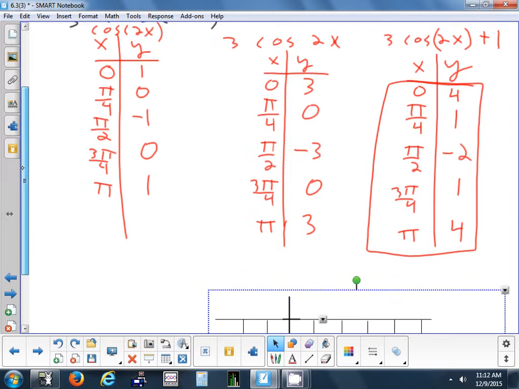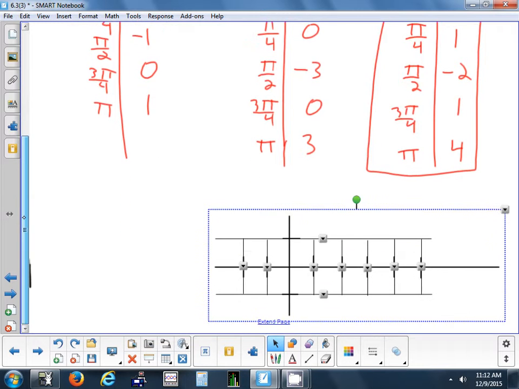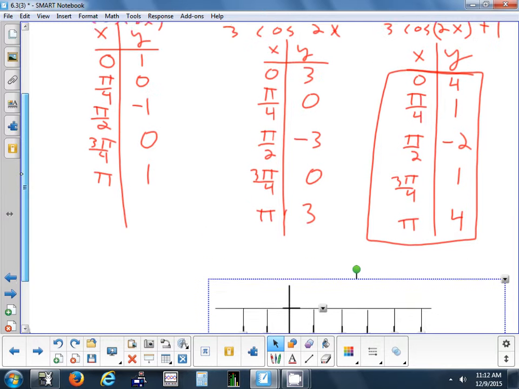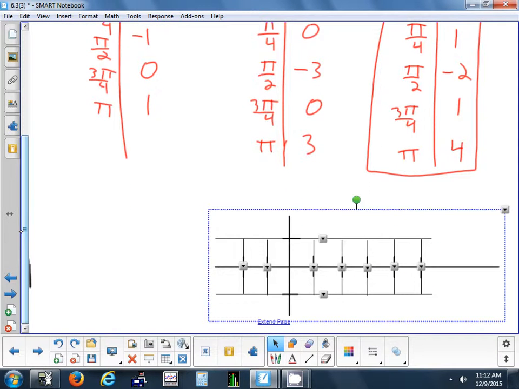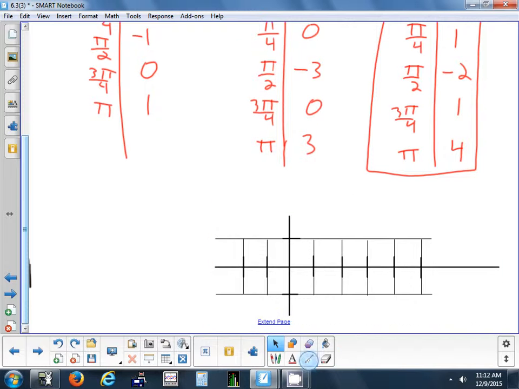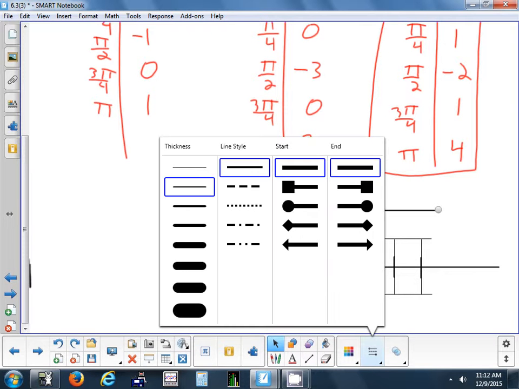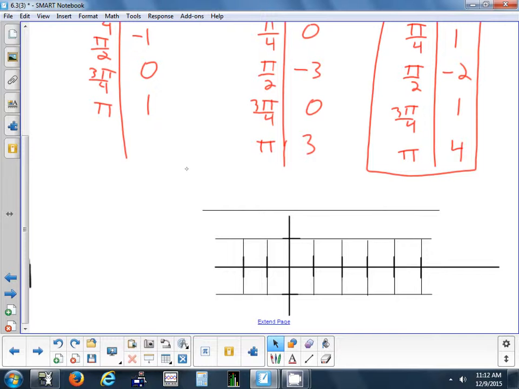All right, so this time my highest value is 4, and my lowest value is -2. So I think what I'm going to do is just add in one more line. Okay, and if you want, I think going by 2's would probably work out pretty nice here.